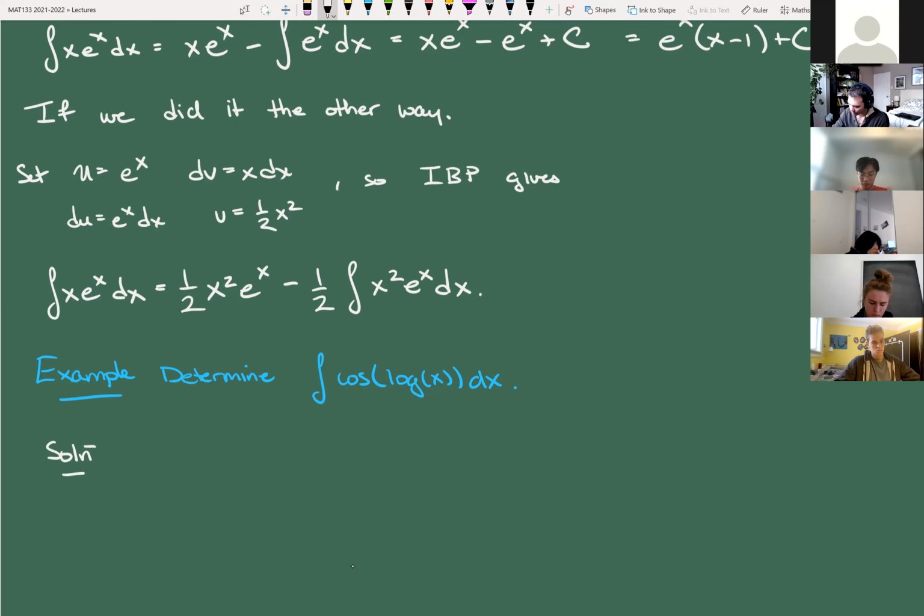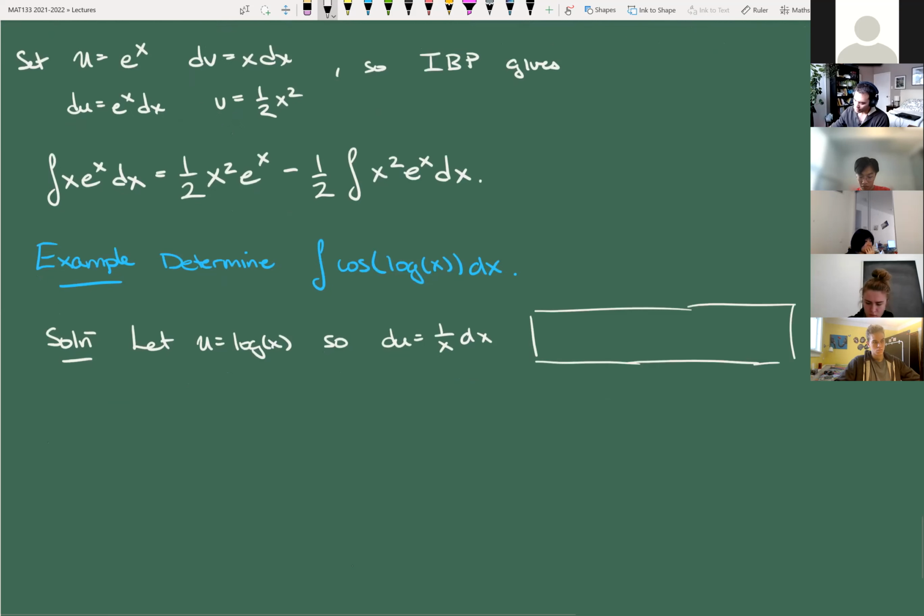Okay, so the first thing that we're going to do is let u be log x. So du is 1 over x dx. Make sure there's some space here. So now let's do the transformation. So substitution.